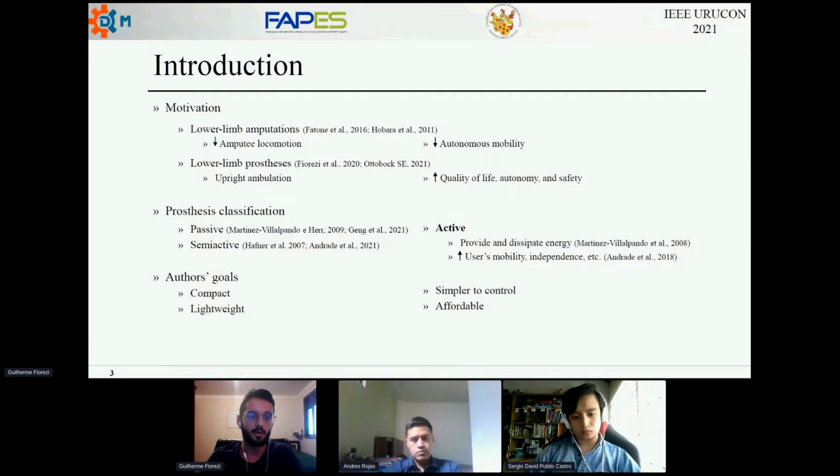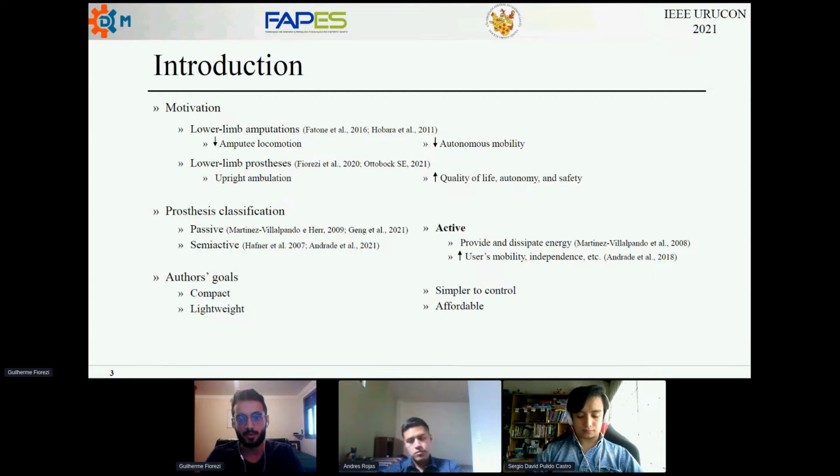So first of all, we have to bear in mind the lower limb amputation problem, because it severely affects the amputees' biomechanics of locomotion in all daily activities, such as climbing stairs, walking on level ground or on inclined planes, and sitting down and standing up.